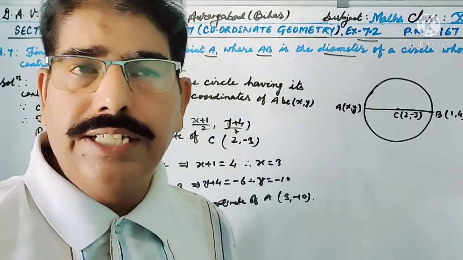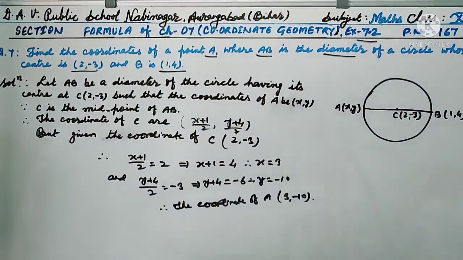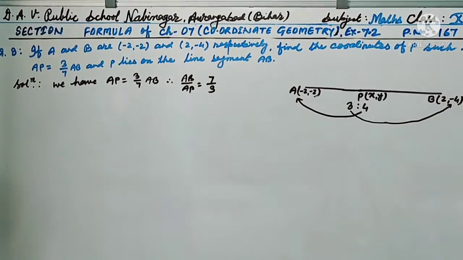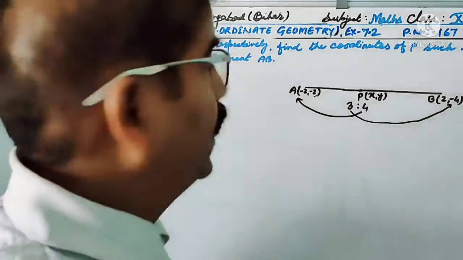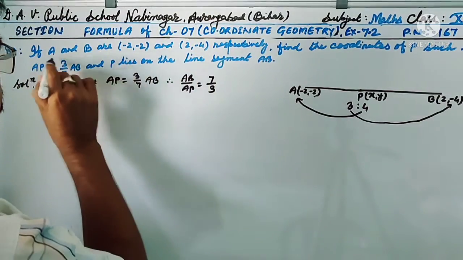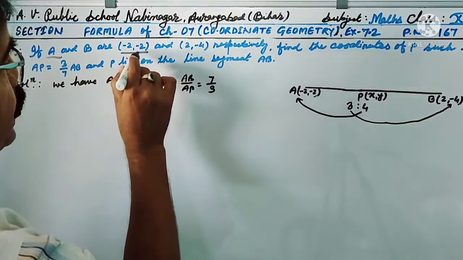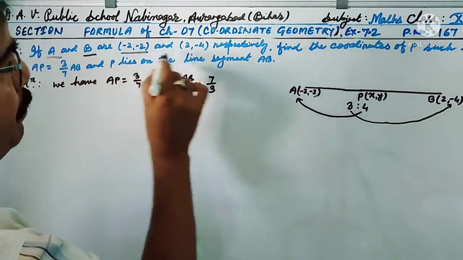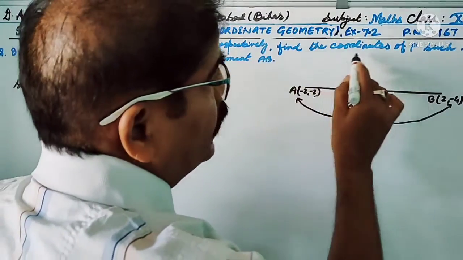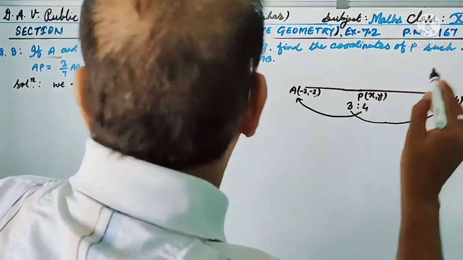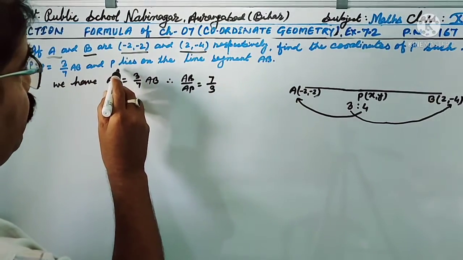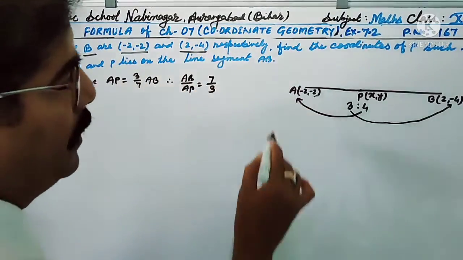So the next question is, yes students, your question 8: If A and B are (-2, -2) and (2, -4) respectively, find the coordinates of P such that AP = 3/7 AB and P lies on the line segment AB.